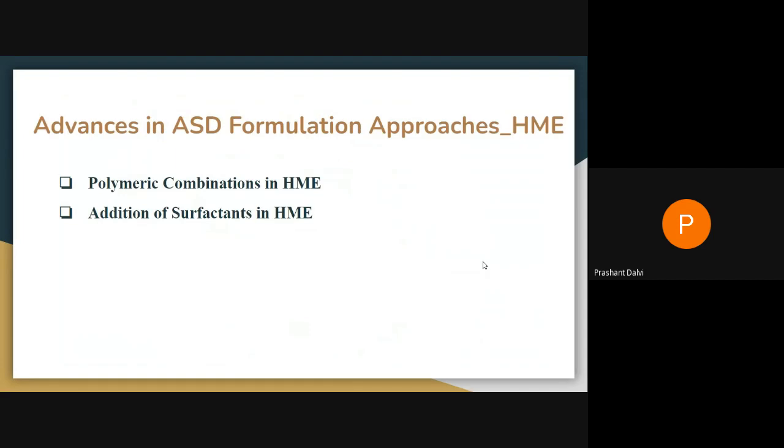So what are the advances in this amorphous solid dispersion formulation approach? The first advance is polymeric combinations in HME, and the second one is the addition of surfactants, yes or no?